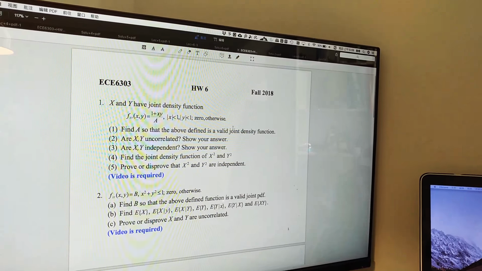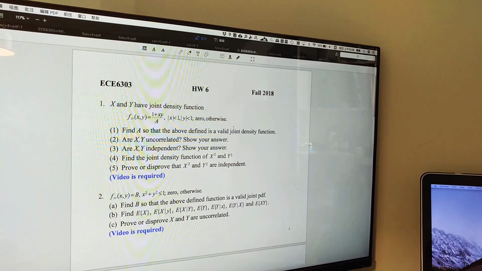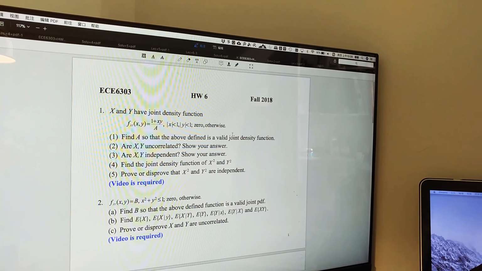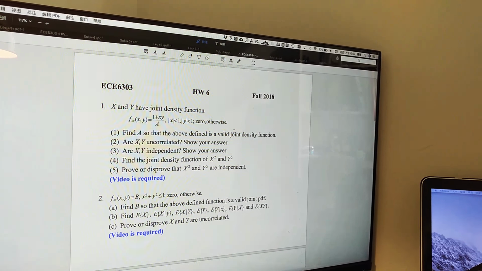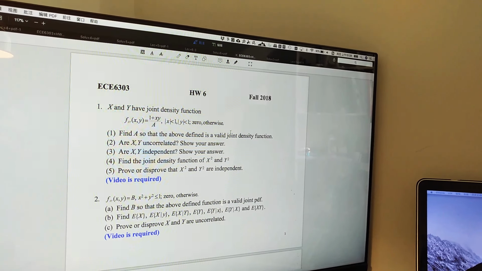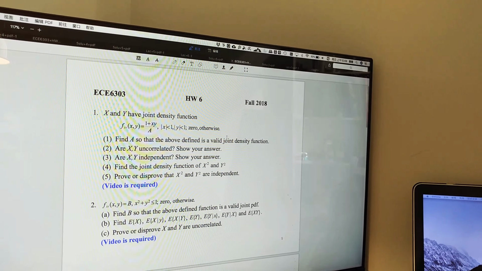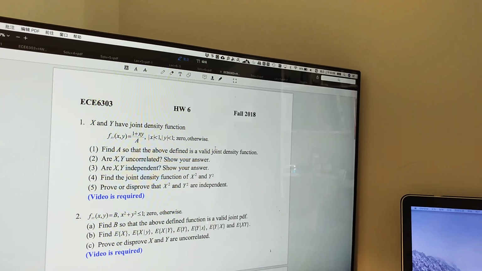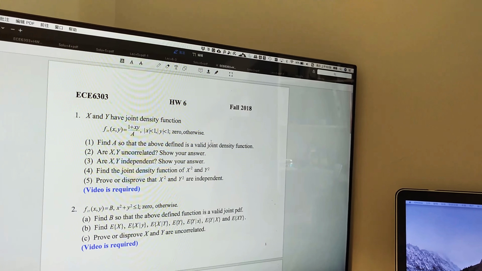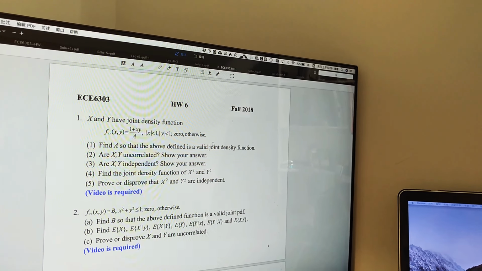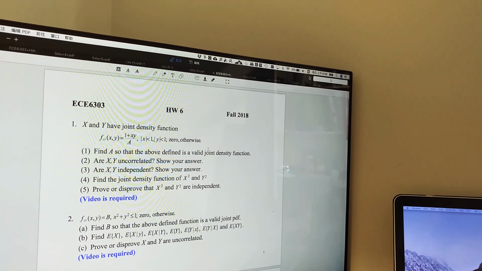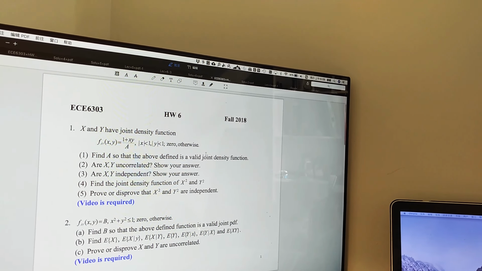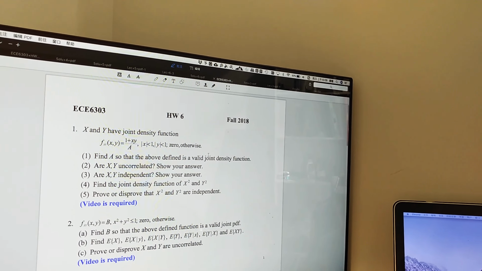X and Y have joint density function f(x,y) equals 1 at x times y divided by a, when the absolute value of x is smaller than 1 and the absolute value of y is smaller than 1, and the joint density function is 0 when x, y take other values.